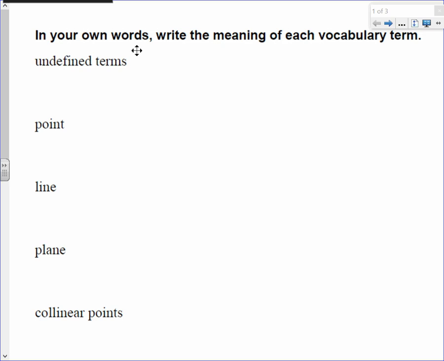The first word that's there says undefined terms. That sounds kind of weird. Something that's undefined does not have a definition. So what would be something that doesn't have a definition? That's kind of strange. Here's the reason why.